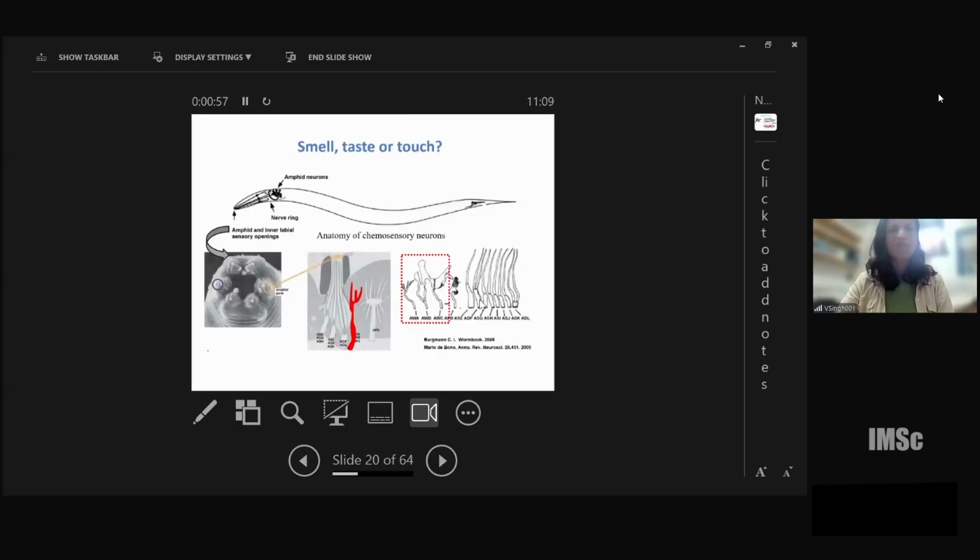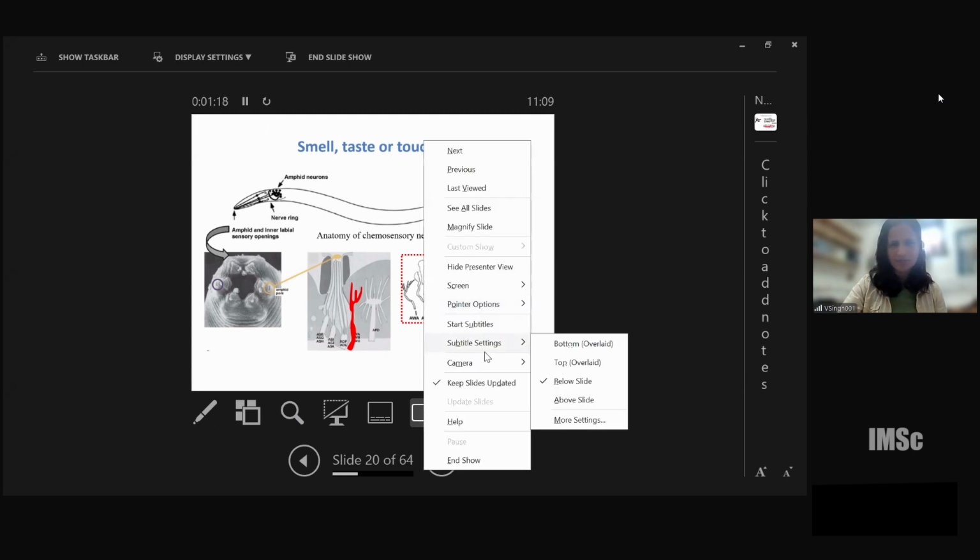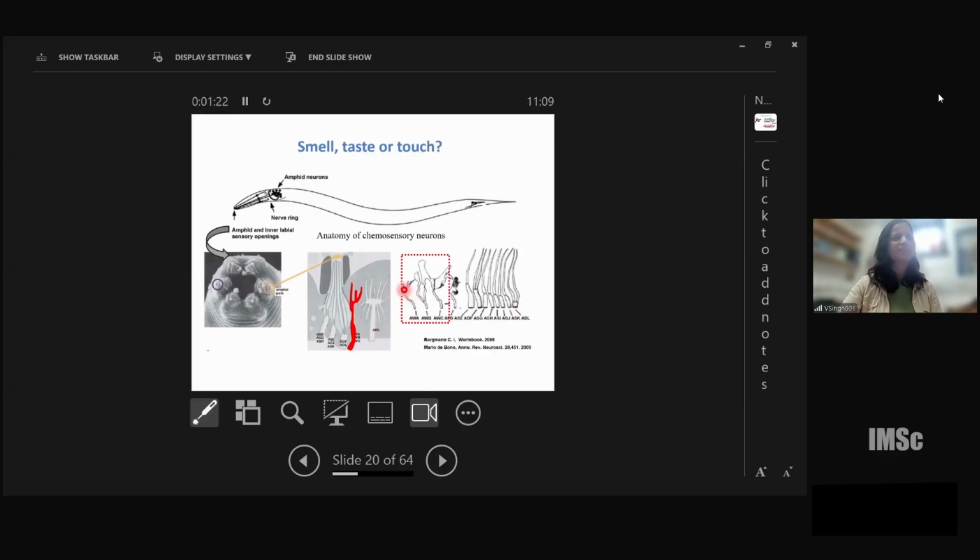We looked at the olfactory and gustatory neurons of C. elegans. Again, taking you back to the amphid neurons of C. elegans, there are 12 pairs of neurons, of which 3 pairs are olfactory neurons, which are shown here. These 3 are olfactory neurons, AWA, AWB, and AWC, that I referred to earlier.